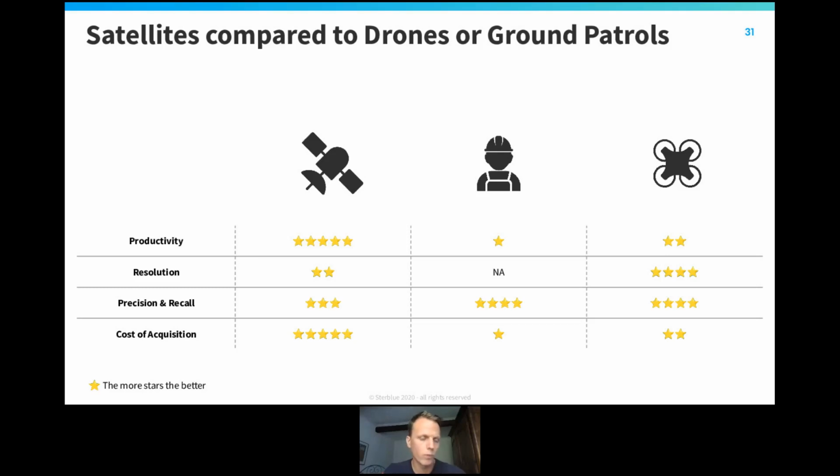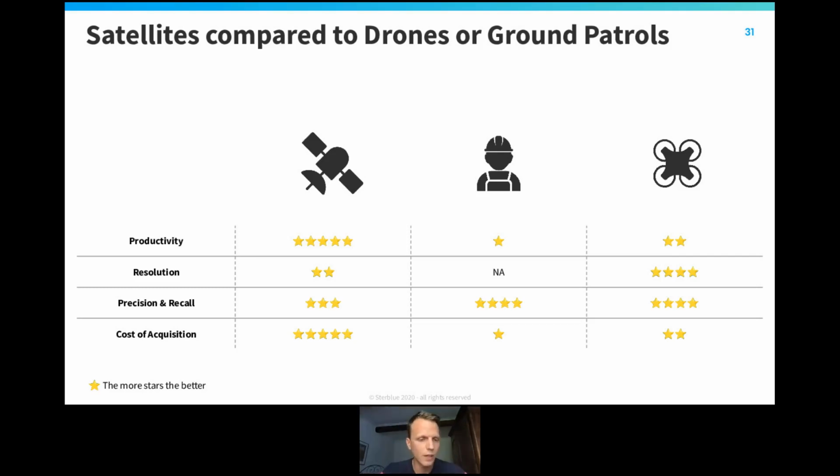Precision and recall, for the people who are not familiar with those terms, often used in machine learning or AI: precision is about detecting too many trees, let's say in our case, which are not actually trees. And recall would be the fact that we miss some detections, which can be in some cases critical.